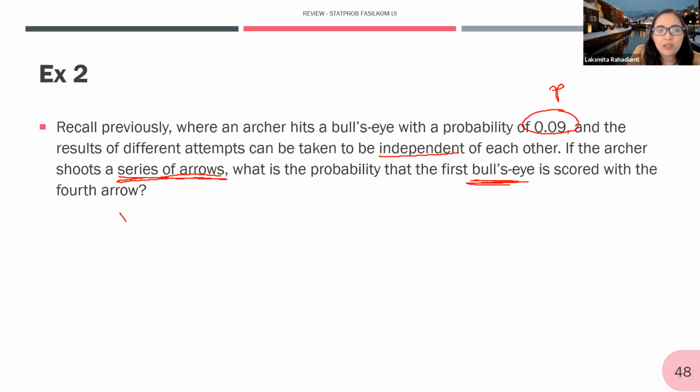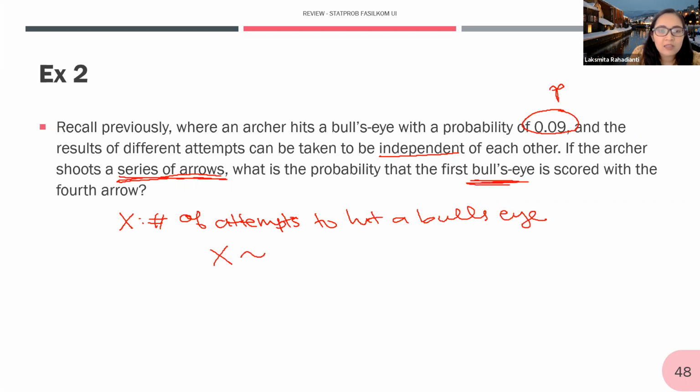So here I know if X is the number of attempts to hit a bullseye, I can compute X as a geometric random variable with a probability of 0.09.